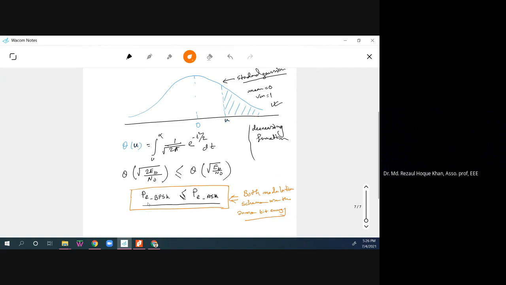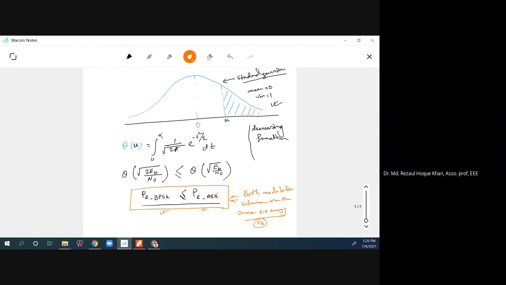This statement is true if both modulation schemes use the same energy per bit. Otherwise, if one uses less or more than the other, you cannot compare. That's why we call it a fair comparison. So this EB has to be the same for both cases. Then this is comparable, right?